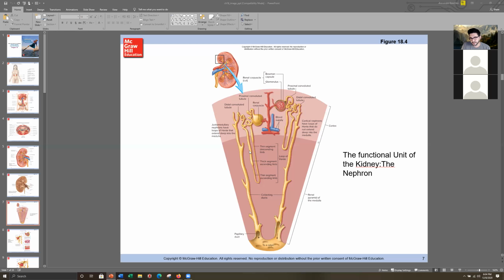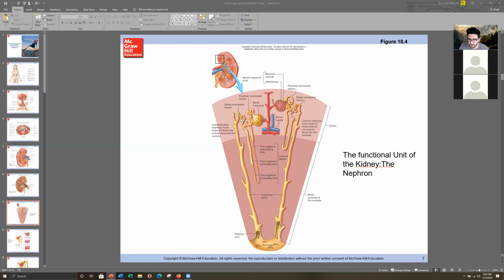The ascending limb here is interesting too, because it's important for determining where certain kinds of salts are being transported in or out of the ascending limb to, again, modulate the concentration of the medullary space right there. And then we have our distal convoluted tubule. This is the last little bit of filtration where, depending on how dehydrated we are, we can have up to 19% more filtrate that gets reabsorbed into the cortex there.